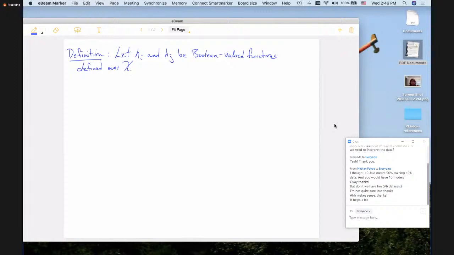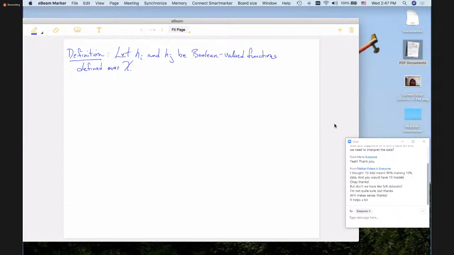Now let me pause for a second. Notice that right off the bat, as soon as I said these were Boolean valued, I have now imposed a representation bias. One of the things I want you to take away from this, though, is that you can come up with a similar definition to the one I'm writing now with any representation that you want. This just happens to be one of the simpler ones.